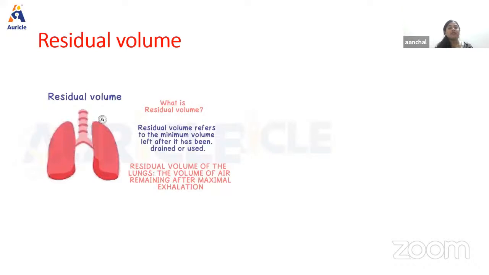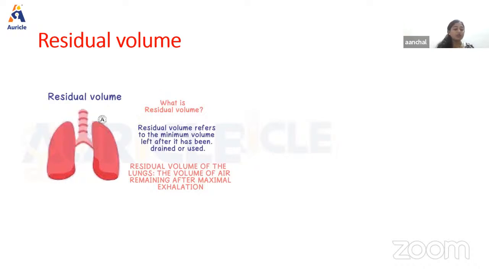Then next we have residual volume. We have already covered this in lung volume and capacity. Residual volume is the volume of air remaining in the lungs even after forced expiration. Like if I inhale very forcefully and exhale all the air, still some amount of air will remain in the lungs, and that is known as residual volume.